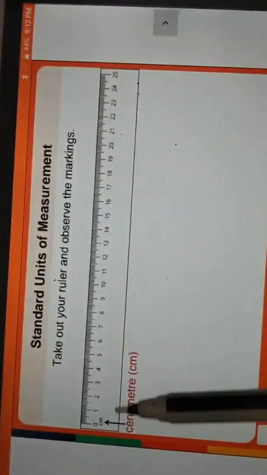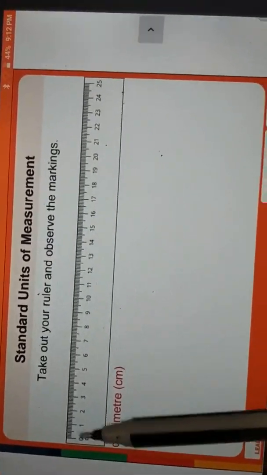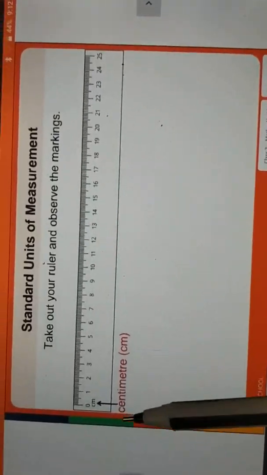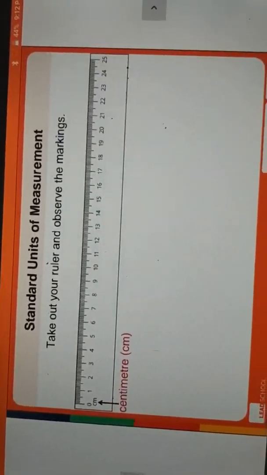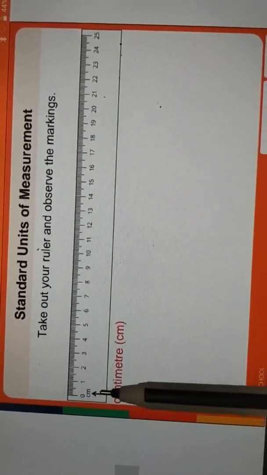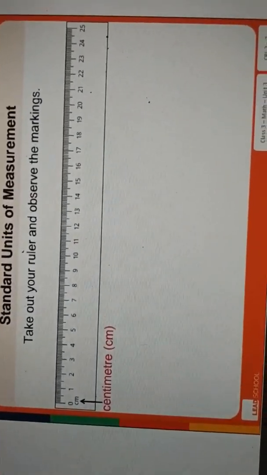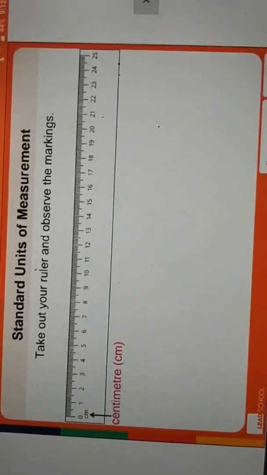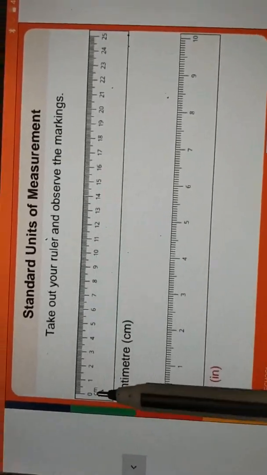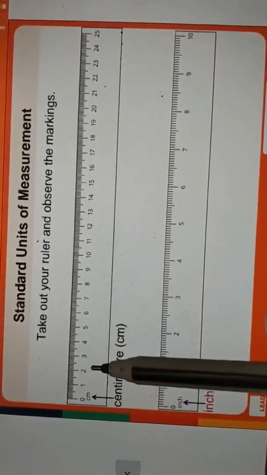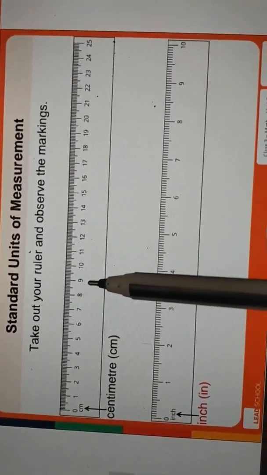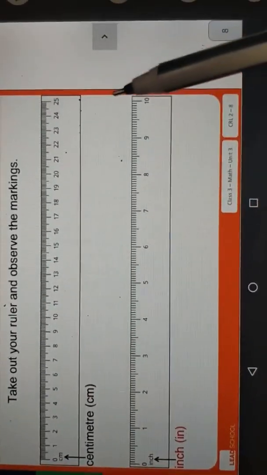See students, here are written numbers 0 to 25, but also written is centimeter, cm. What was the full form of cm? Full form of cm is centimeter. So students, this is a centimeter: 1 centimeter, 2 centimeter, 3, 4, 5, 6, 7, 8, 9, and so on up to 25.